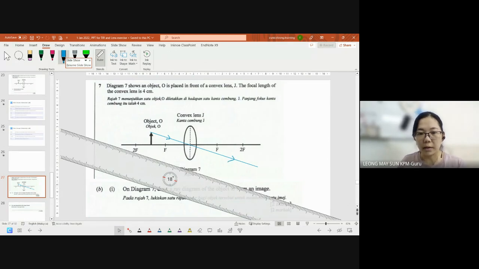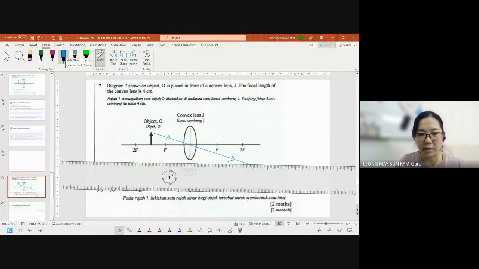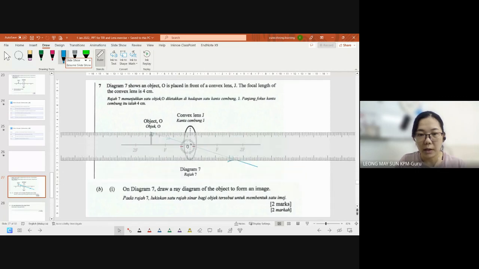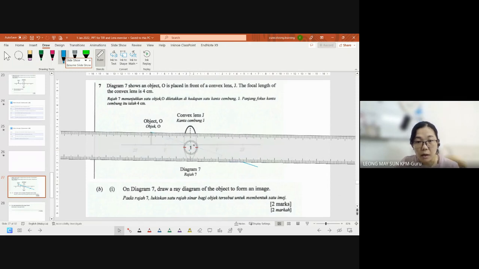Next, because this is a convex lens, the rays converge at the focal point. So I'm going to let it go parallel first. How do I see parallel? You notice I'm trying to let it be straight. I'm looking at my number one line here, and it is in line with that normal dotted line.